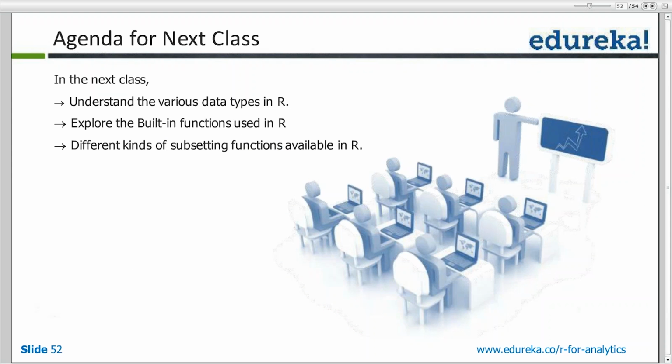Okay, so in our next class, which is going to be a lot more hands-on than the class today, we shall put an effort to understand what are the various data types in R. And this is a very important class for all of you to attend and listen to. This is going to form the basic building block of all your R coding exercise hereafter.